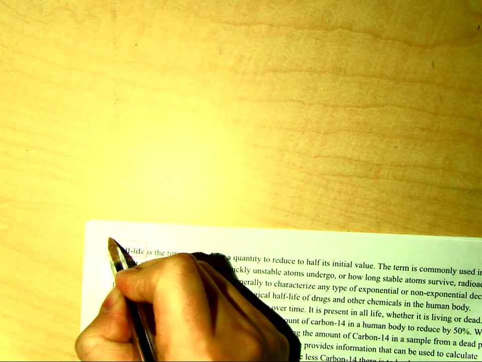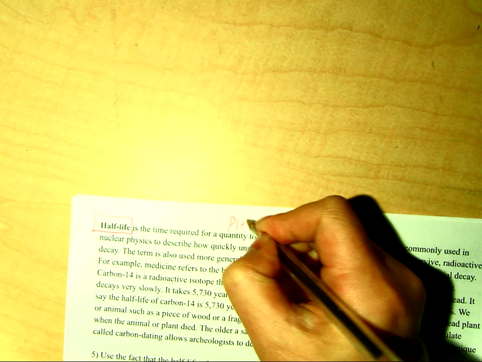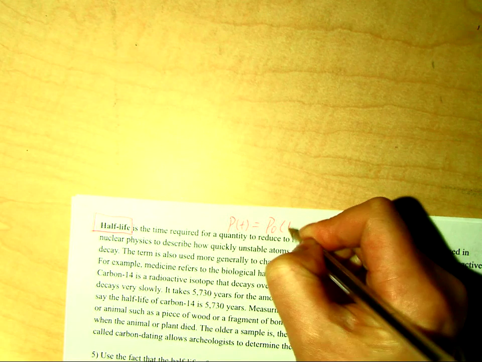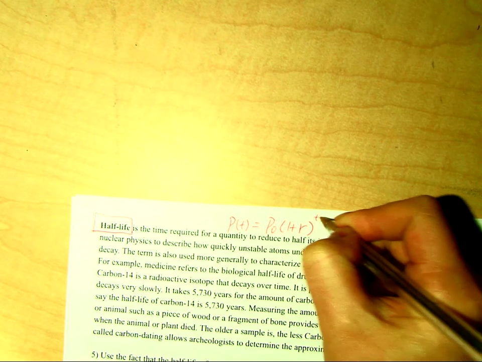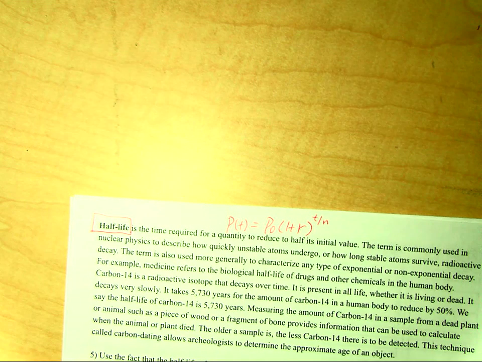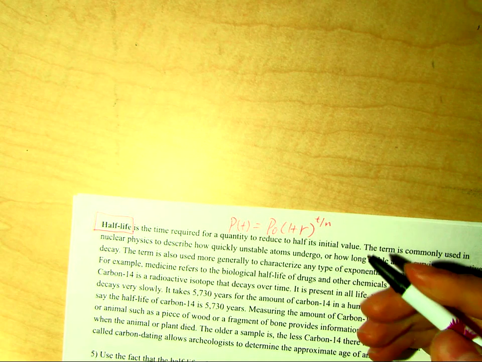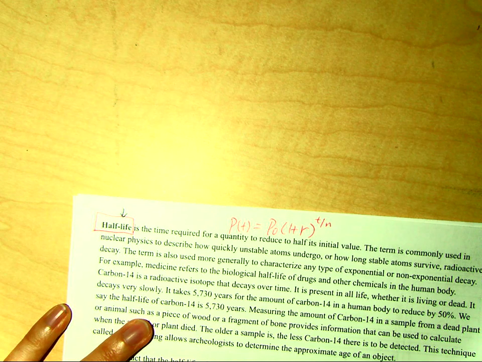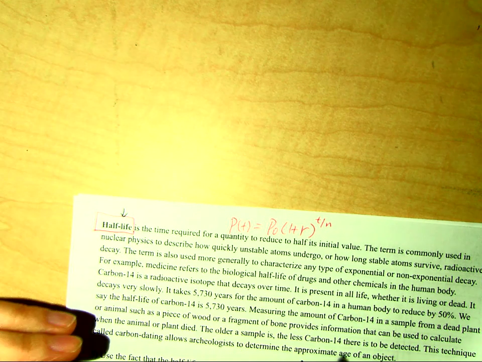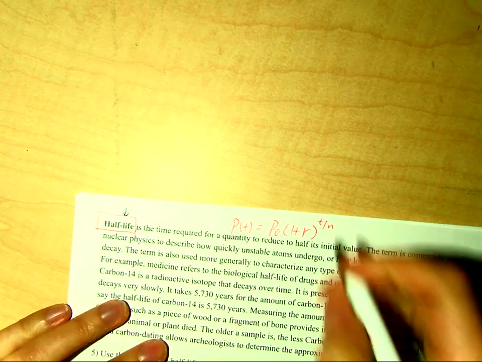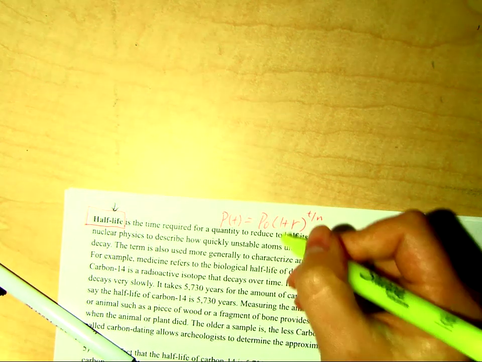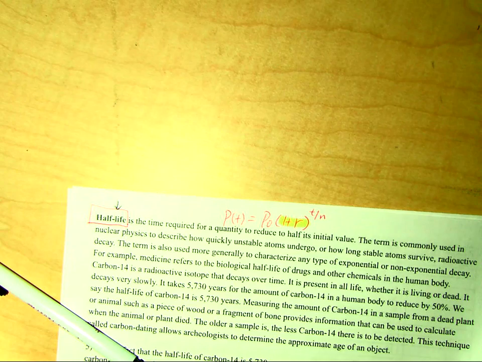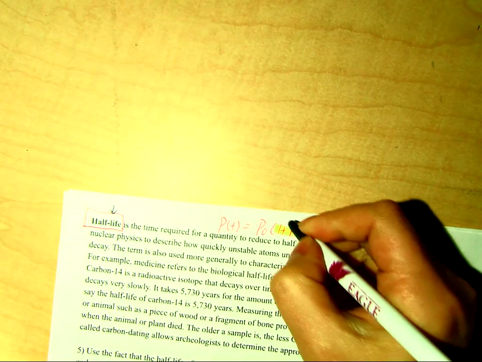Next page. Half-life. First, our population function is this one. That's the equation we're using for exponential growth and decay. If we have a half-life problem, the only thing different is that half-life means the value is going to be reduced by half. You just need to change this whole thing to 0.5.